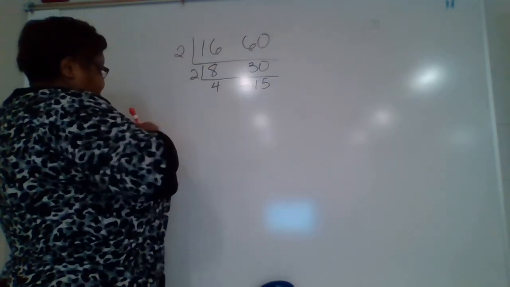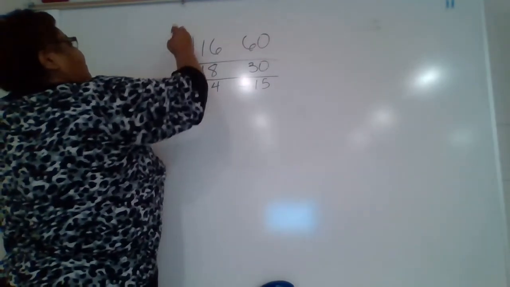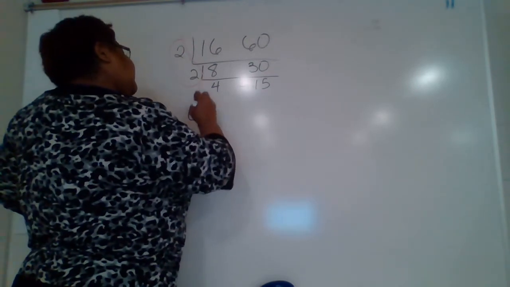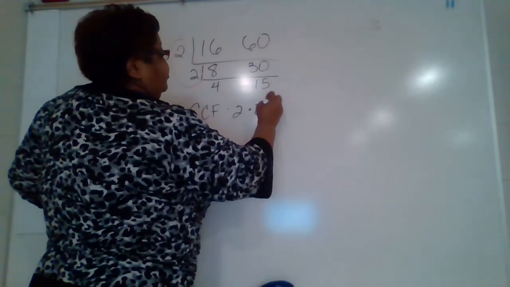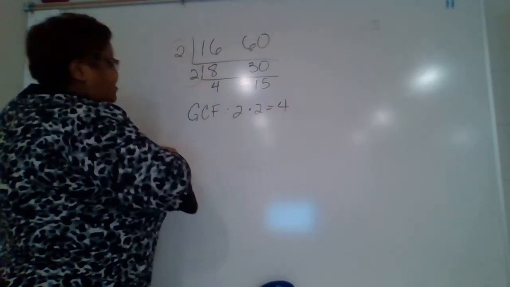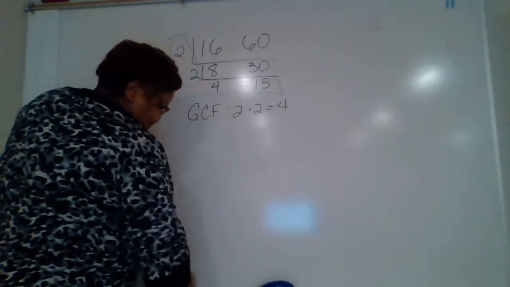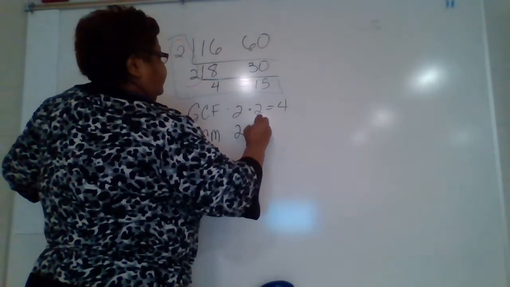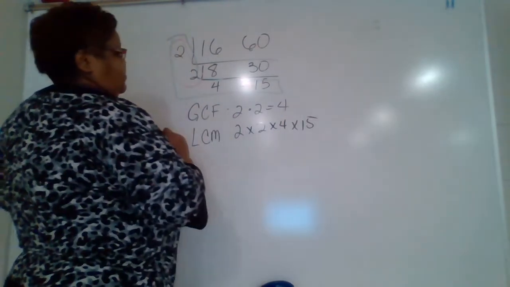So my greatest common factor, I have too many markers in my hand. I'm going to multiply those two. So my GCF is 2 times 2, which is 4. And remember, LCM, draw my L. 2 times 4 times 15.